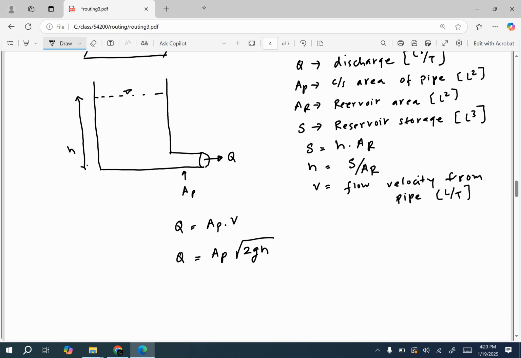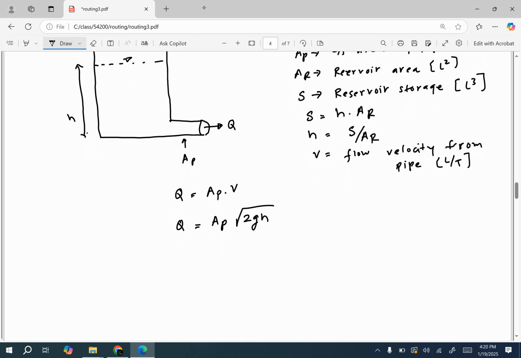If you want to know how this is derived, you can go back to your hydraulics notes, or find it in a textbook or online. This is done by simply applying Bernoulli's equation between the outlet and the reservoir surface.